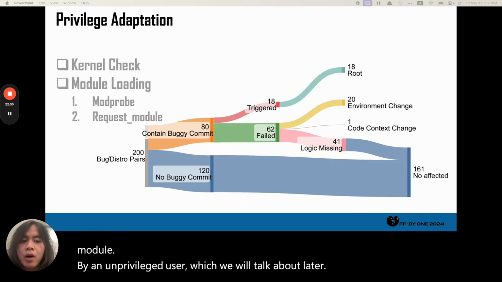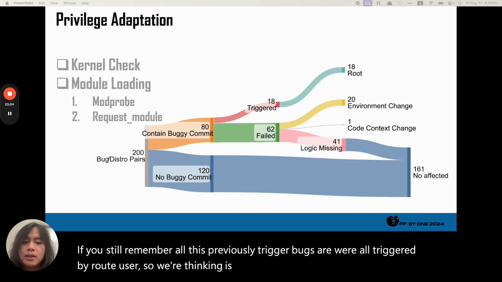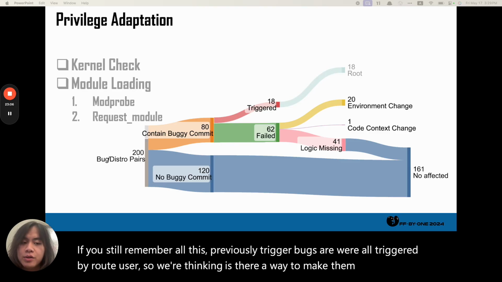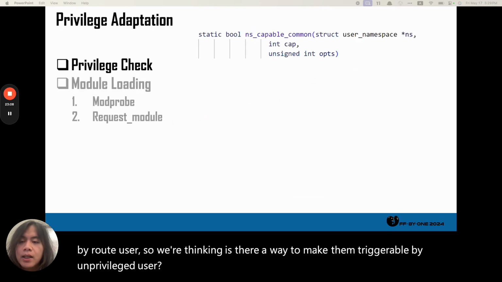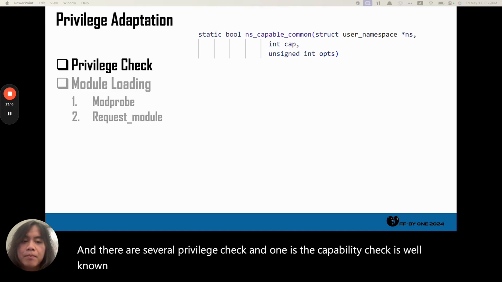If you still remember, all these previously triggered bugs were triggered by the root user. So we were thinking, is there a way to make them triggerable by an unprivileged user? There are several privilege checks. One is the capability check, which is well known, and the privilege downgrade technique is also well known.